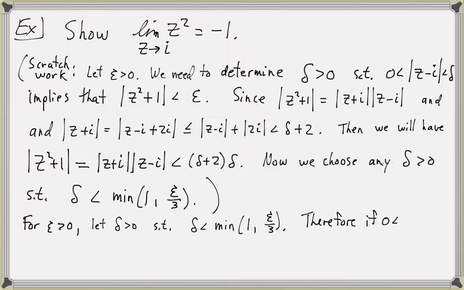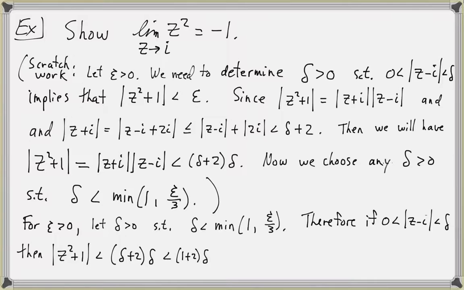Therefore, if the distance from z to i is greater than 0 and less than delta, then the distance from z squared to minus 1 will be, as we showed, less than delta plus 2 times delta, which, now that delta is less than 1, will be less than 1 plus 2 times delta, which is 3 delta.